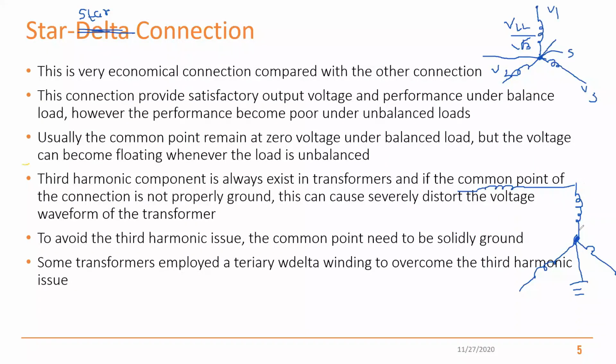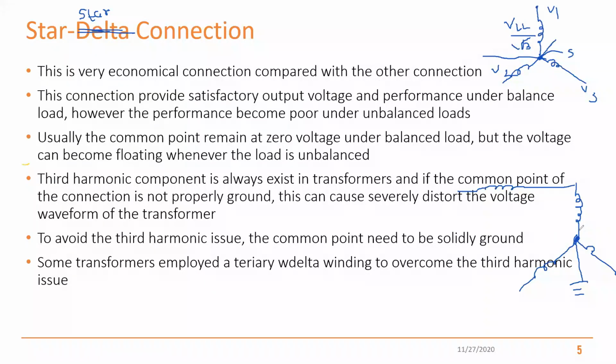However, due to the third harmonic component, and since there is no place for it to go, it affects the voltage waveform of the transformer. It becomes non-sinusoidal and highly distorted. So those are the two main drawbacks which the star-star connection has.